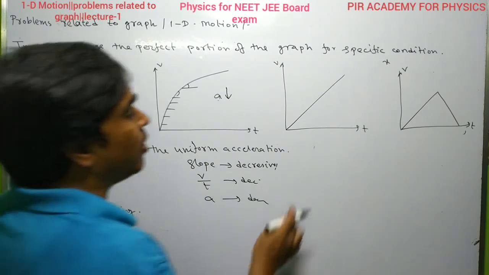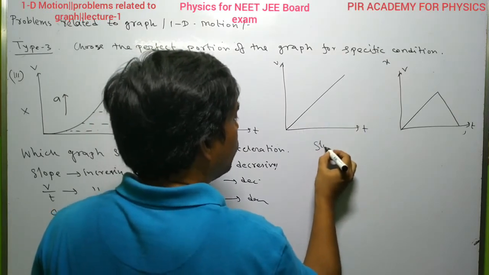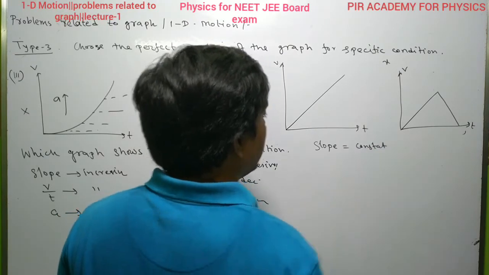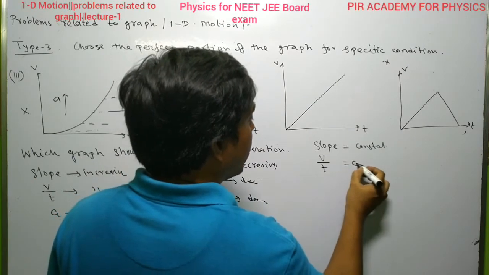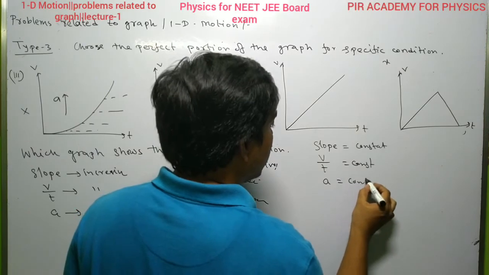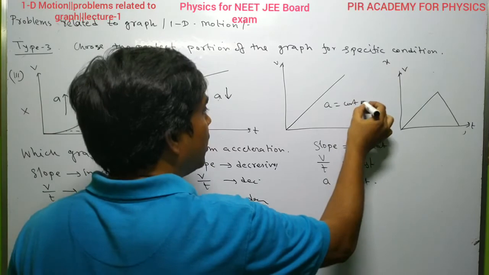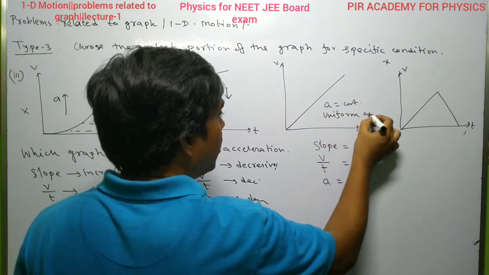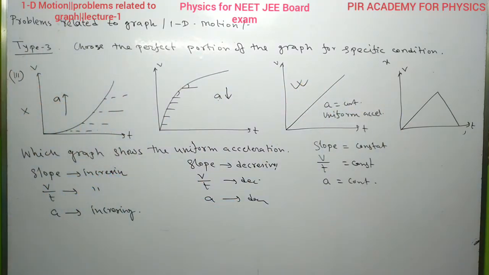Now in this case, the slope is constant. So v by t is constant, that means a is constant. So it is a uniform acceleration. This graph shows the uniform acceleration.